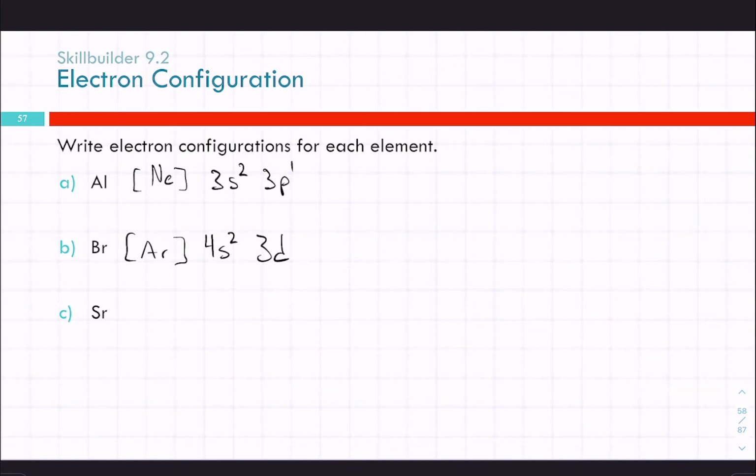So it's 3d. That's our principal shell and our suborbital. How many elements are between calcium, so starting with scandium, going all the way over to zinc, in the d block? 10. So there's 10 elements in there. Those represent those 10 electrons in the d orbitals. So it's 3d10.